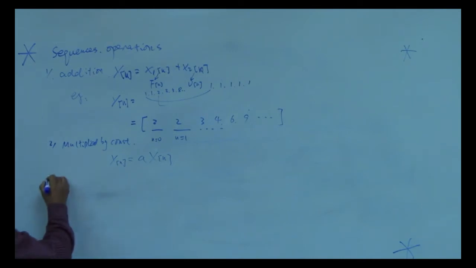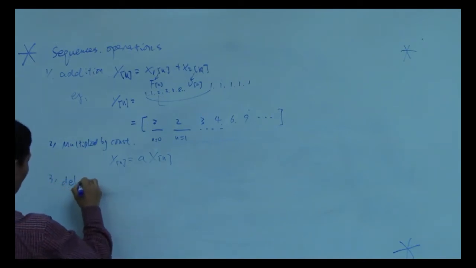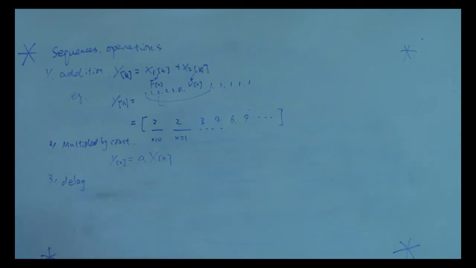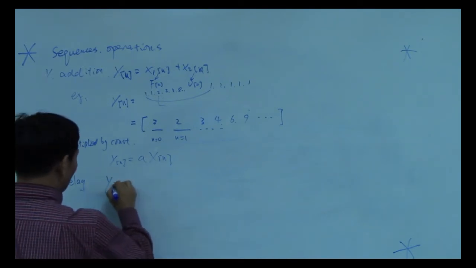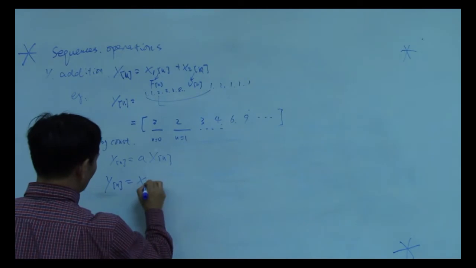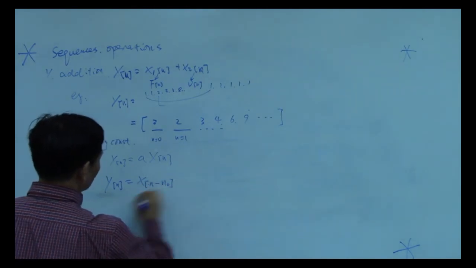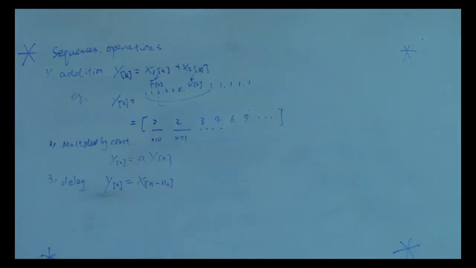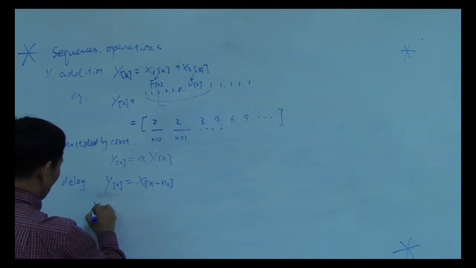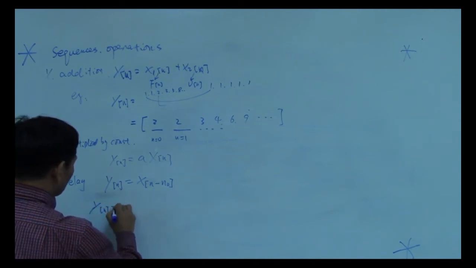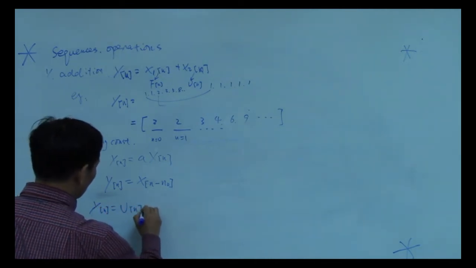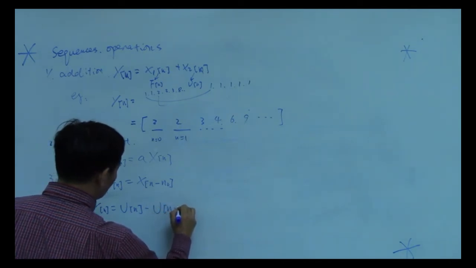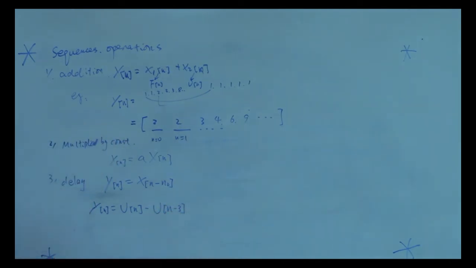The next one is delay. Okay? For example, delay by n0 time. So y[n] equals x[n minus n0]. Alright, so let's see an example: y[n] equals u[n] minus u[n minus 3]. Can you draw this output?